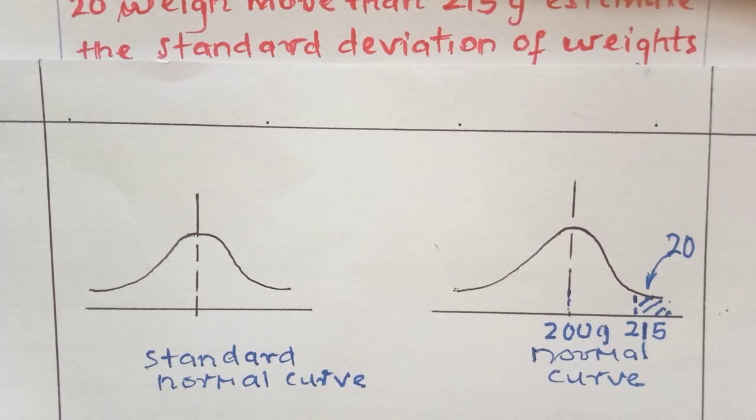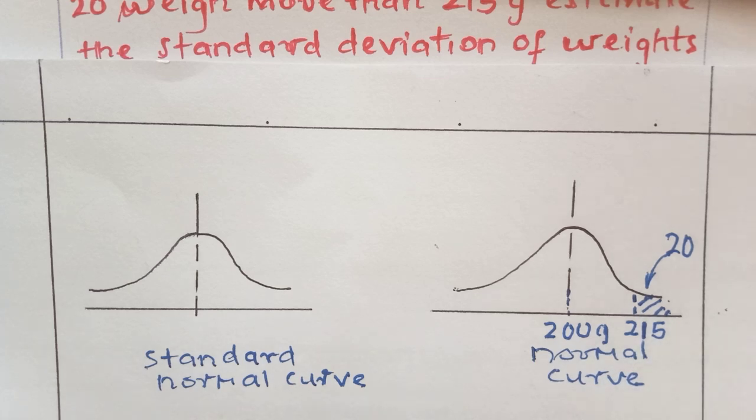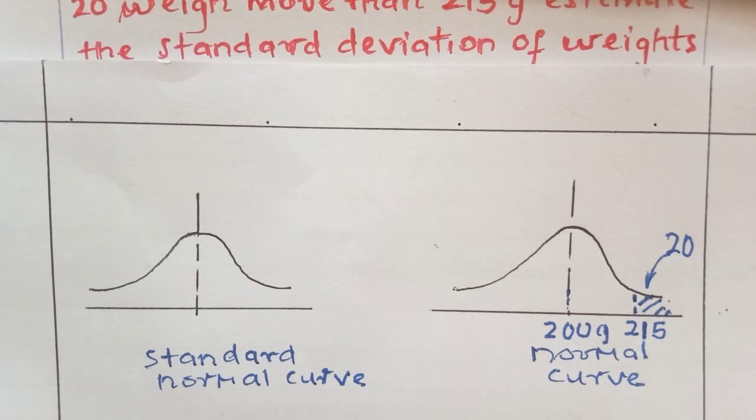So first of all, let's see the probability of those that are over 215. The probability is P of X greater than 215.